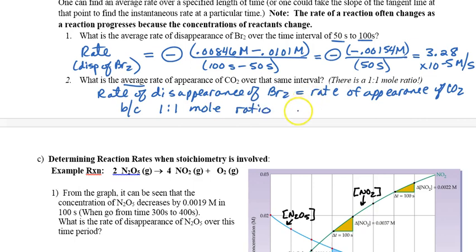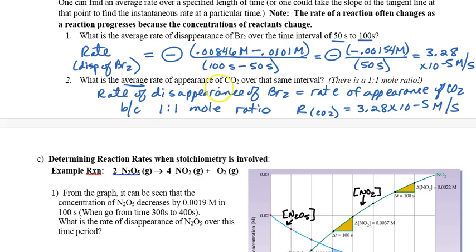So the rate for the CO2 is going to be the exact same thing, 3.28 times 10 to the minus 5 molarity per second. So just be aware of that. If it's a 1-to-1 mole ratio, they're going to be the exact same rate, so you don't have to calculate.